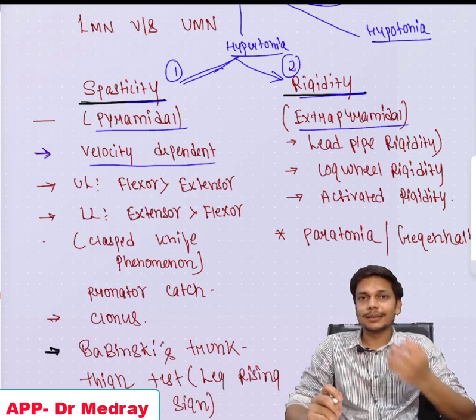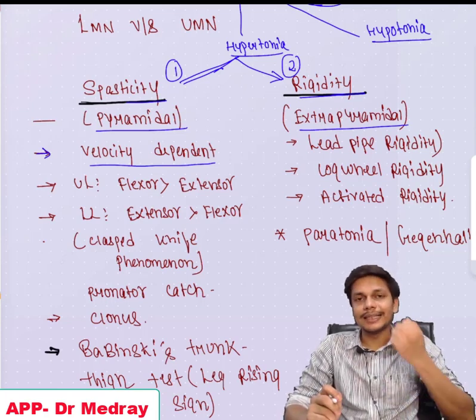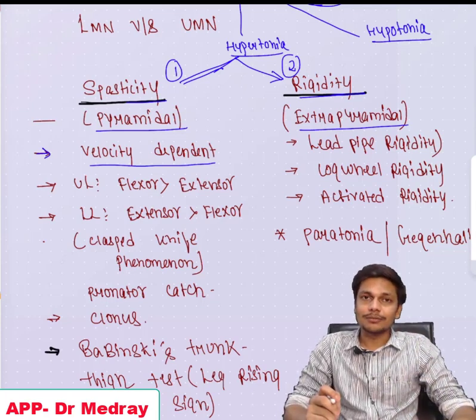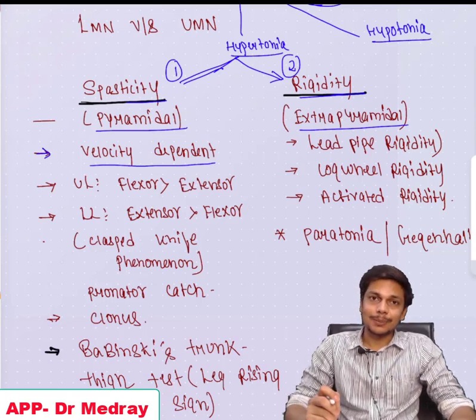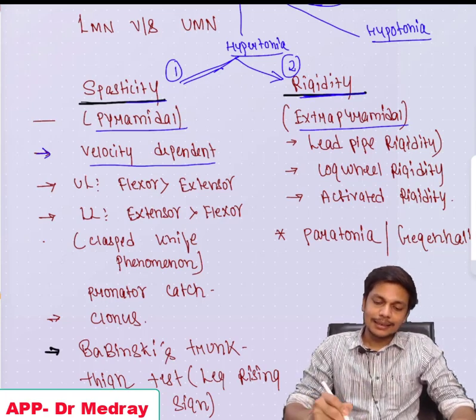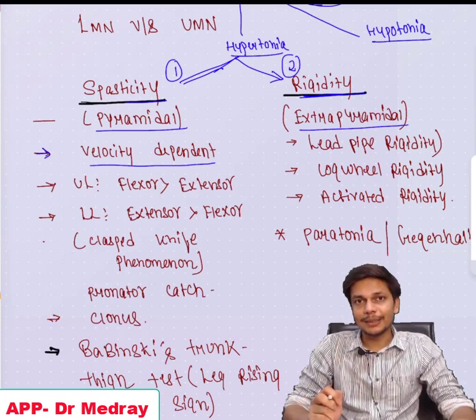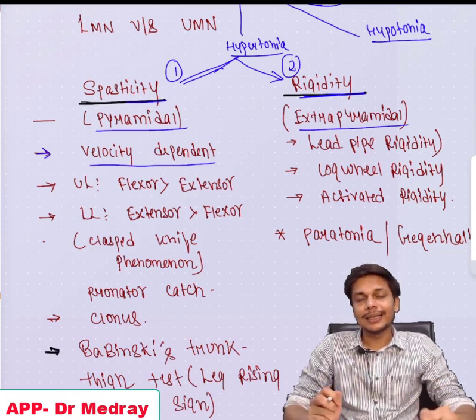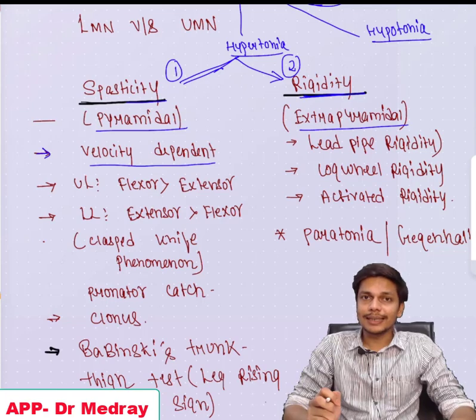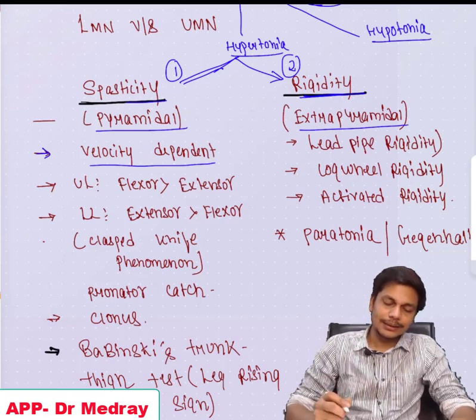When we check the tone with speed and increase the speed, the resistance offered will also increase. That is spasticity in a patient with corticospinal tract, that is pyramidal tract lesion, whereas rigidity is not velocity dependent. When you increase the speed, the rigidity will be constant, or the same.